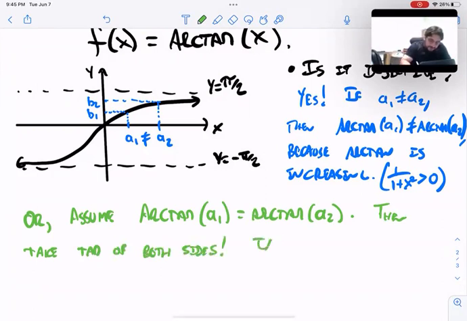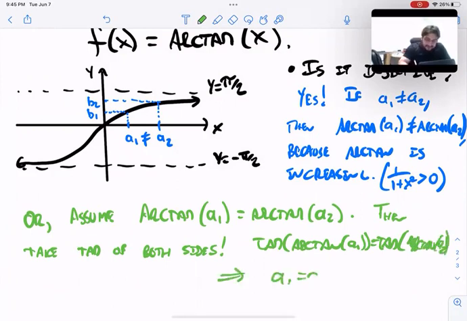So you get tan of arctan of A1 equals tan of arctan of A2, and then the tans and arctans cancel, and we get A1 equals A2, right? So if you assume that two outputs are equal, you can then prove that the corresponding inputs had to be equal.